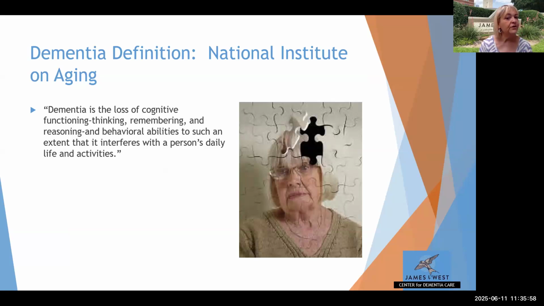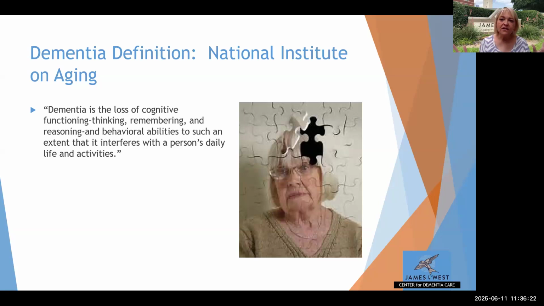If it's not interfering with a person's daily life and activities, it's mild cognitive impairment, MCI. But once a dementia crosses over to the point that it's interfering with daily life, now we've got a dementia diagnosis, and then we can find out what type, kind, or form of dementia.